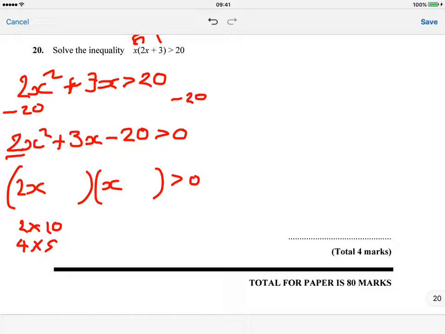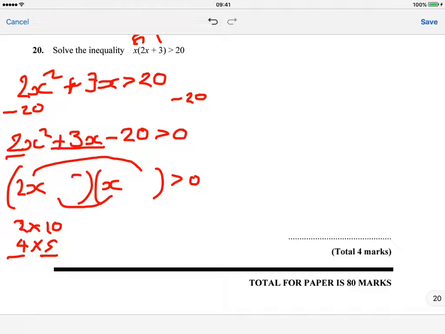And I'm just thinking, if I imagine expanding out these double brackets, I'm going to get 2x times a term over here, and I'm going to get x times a term here, and those need to add up to the plus 3x in the middle of this quadratic. So I can quickly see that if I do 2 times 4, I'll get 8, and if I do x times 5, I'll get 5, and if I subtract those away from each other, 8 subtract 5 will give us 3.